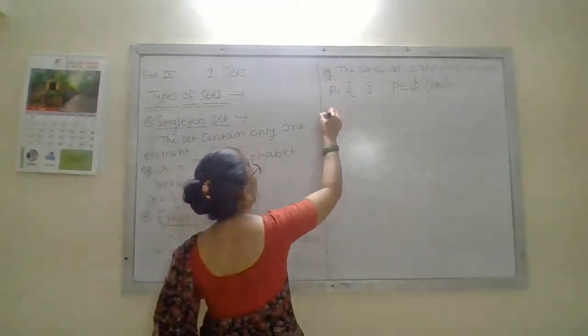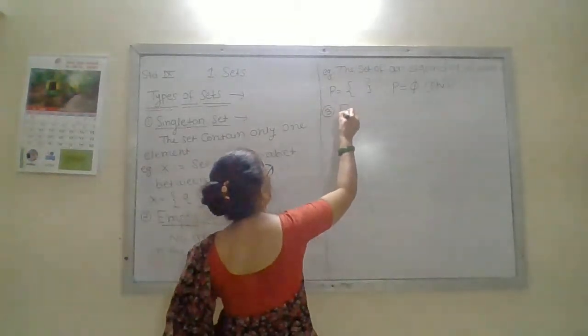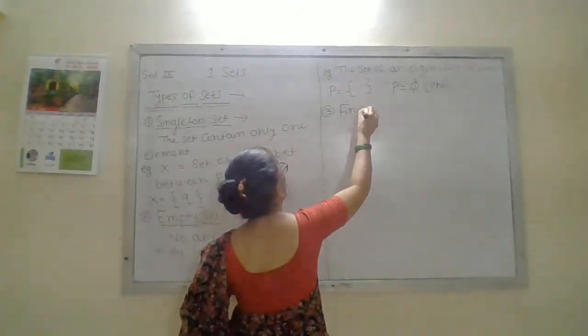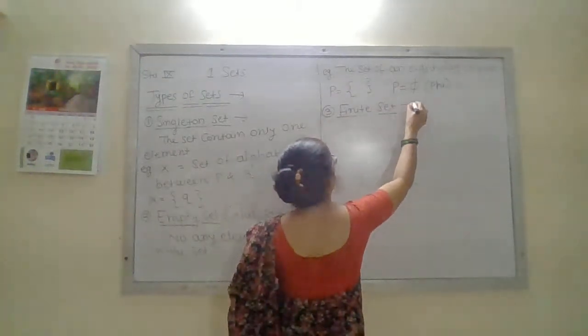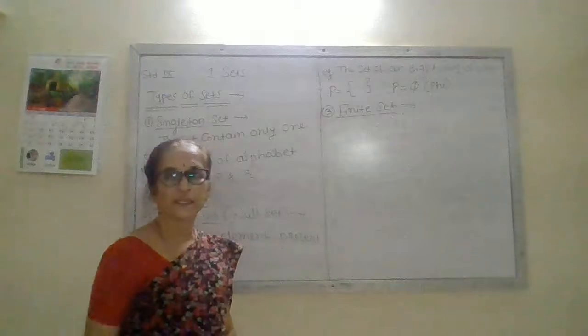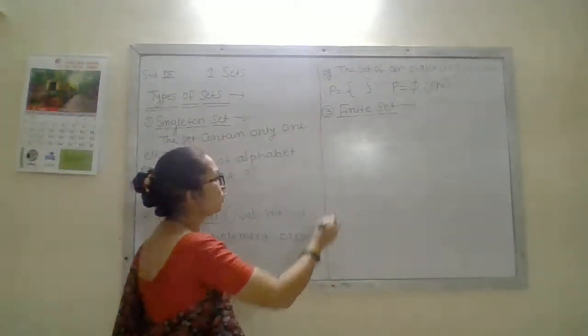Now the third type I am taking is the finite set. What is the third type? Finite set. Finite set means what?